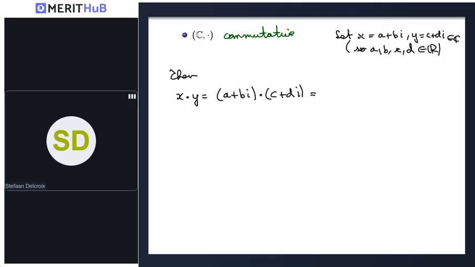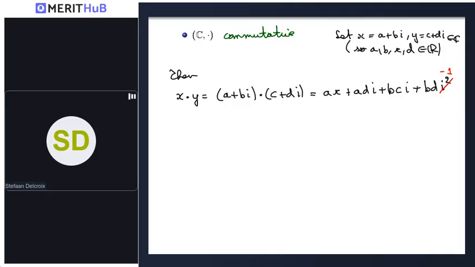So the way we multiply complex numbers: a times c, a times di, that's adi, bi times c, we can write it as bci, but the last part is bi times di, which is bdi squared. And then we've got to remember i squared becomes -1.